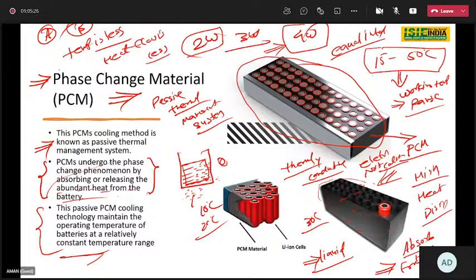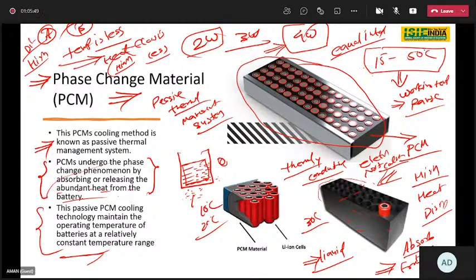If the temperature difference is high, the heat flow rate will be high. So with this material you can dissipate the heat, but it is not that efficient a method to use.